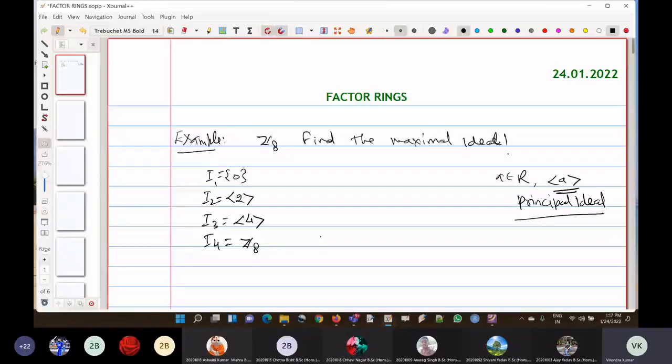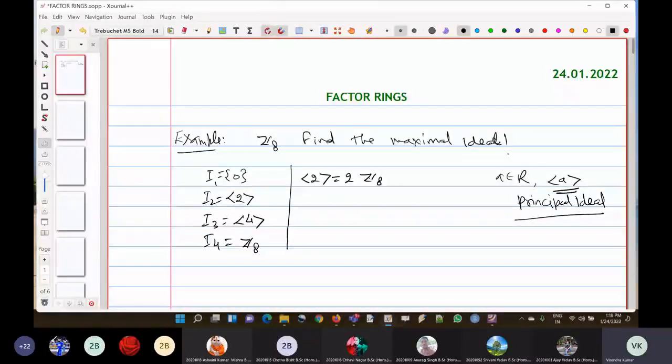And then as I have discussed in previous lectures, we can find which is the maximal ideal. If you take I2, that is the ideal generated by 2, this is nothing but 2 times Z8, a multiple of 2.